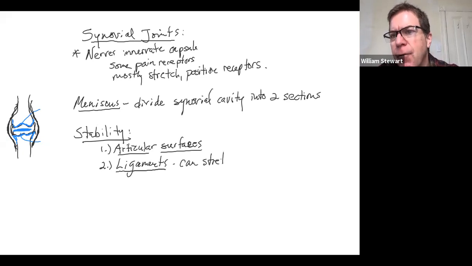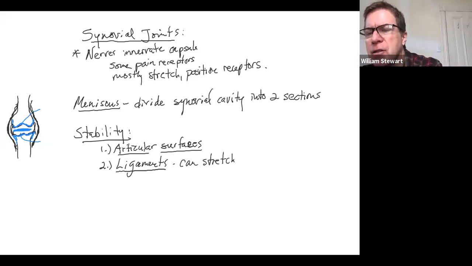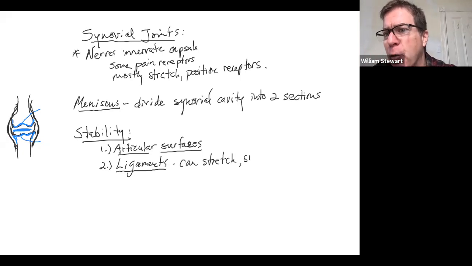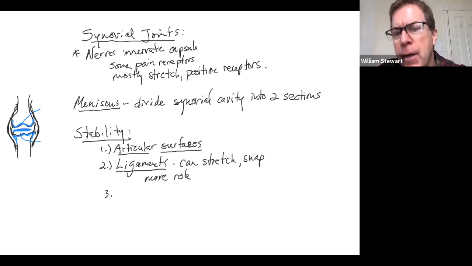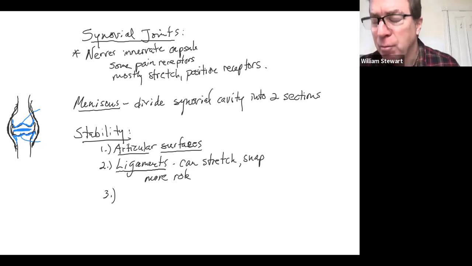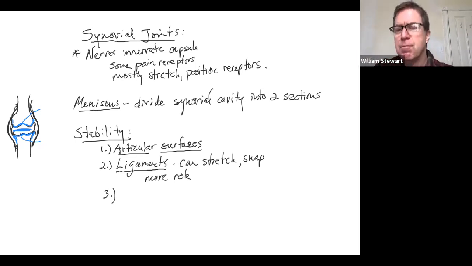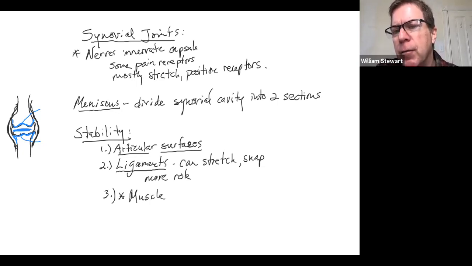I think it's like 6 or 7% of their length can stretch, and they can also snap or break if too much tension or stress is put on them. So they play more of a role in stability, but the major role, the primary and most important stabilizing factor, is muscle tone around that joint. I put a little star there, so that's the highest determining factor of reinforcement: muscle tone.